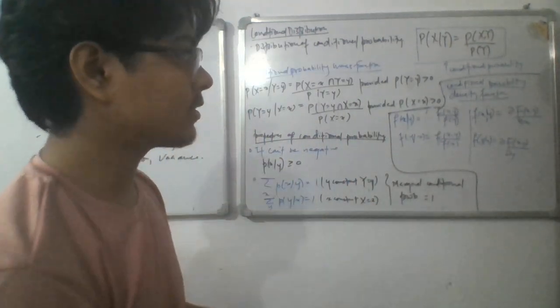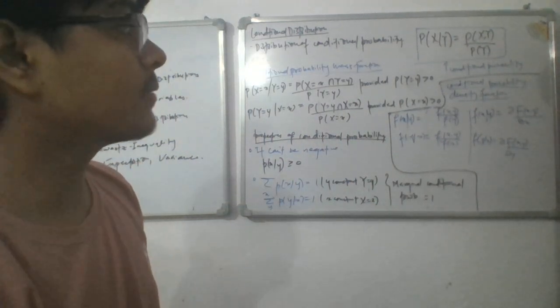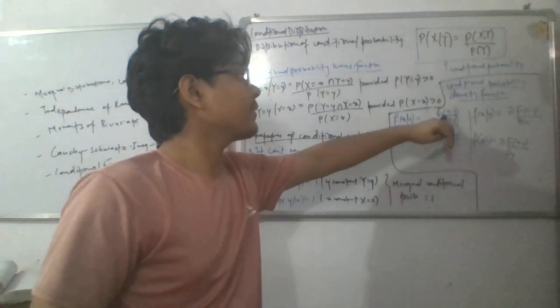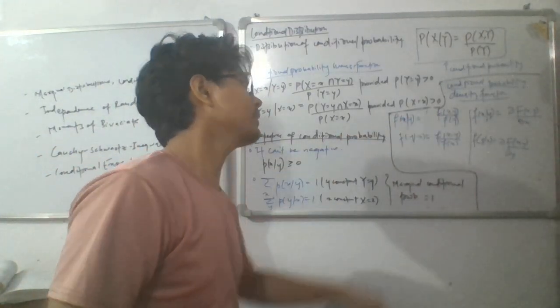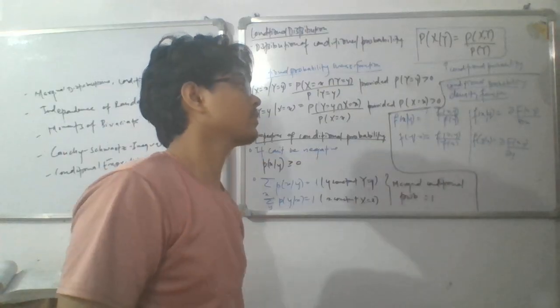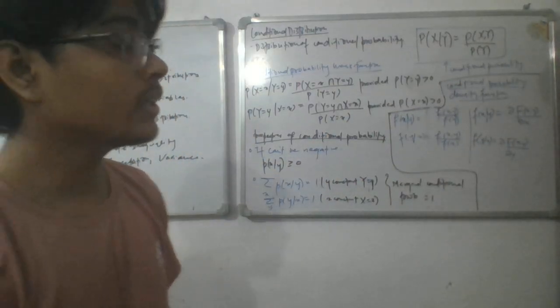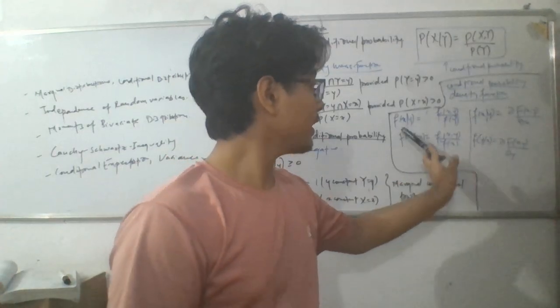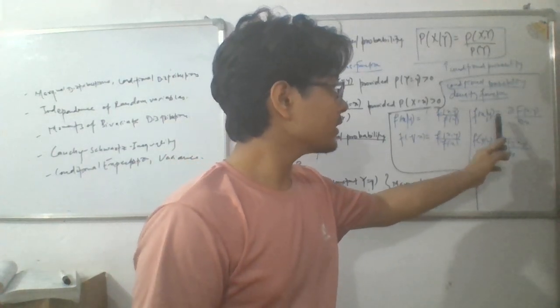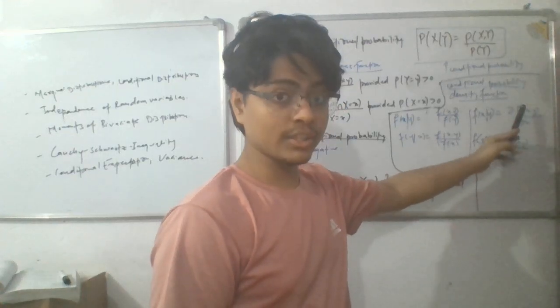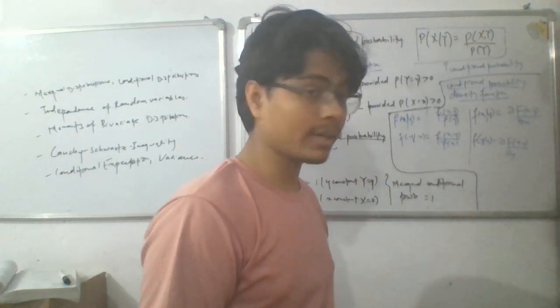This is how we get the conditional probability density function, and f of x given y is actually the partial derivative of the distribution function.